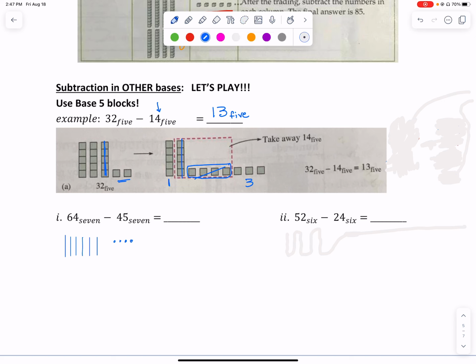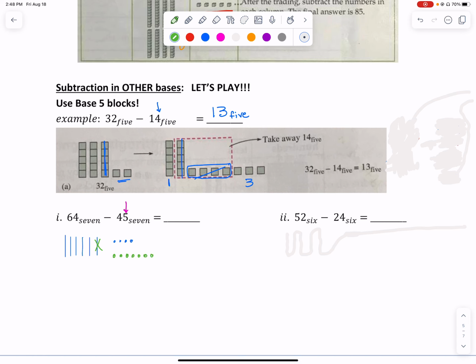I now need to take away 5 of those units. I don't have 5 units. So I'm going to cancel that out and I'm going to regroup, break it apart, and now I'm going to have 7.